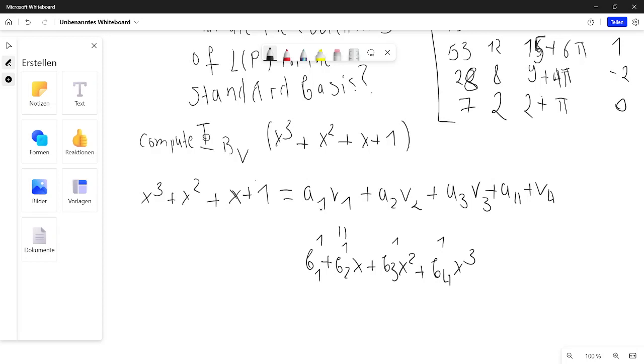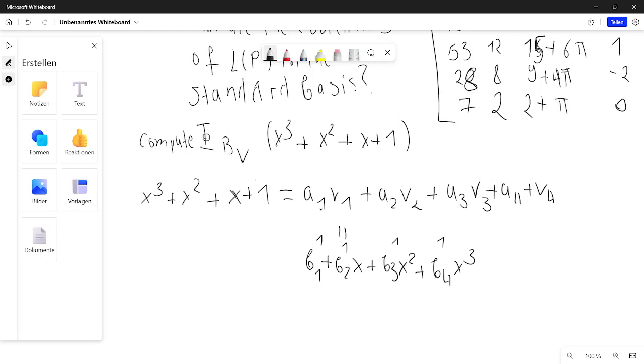Because you would have something like a1 multiplied by b11 plus a2 multiplied by b21 and so on, equal to 1.